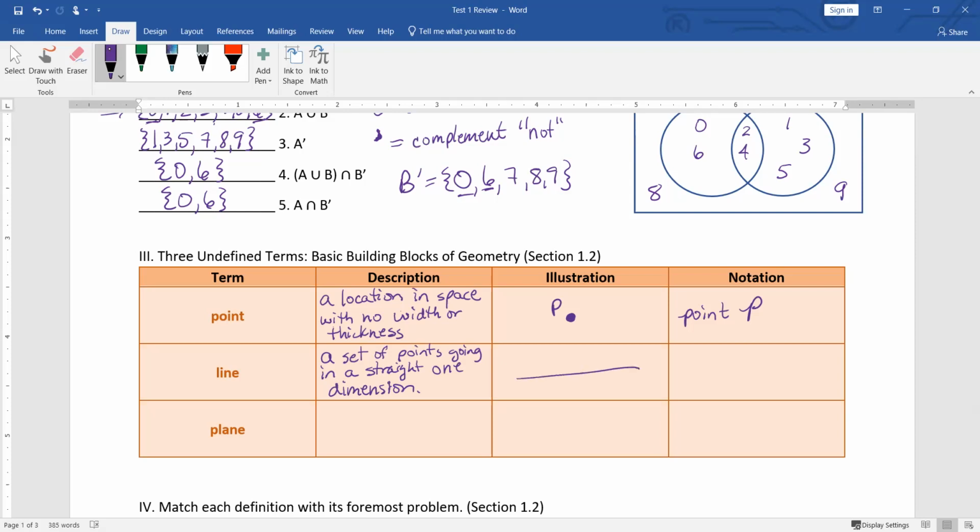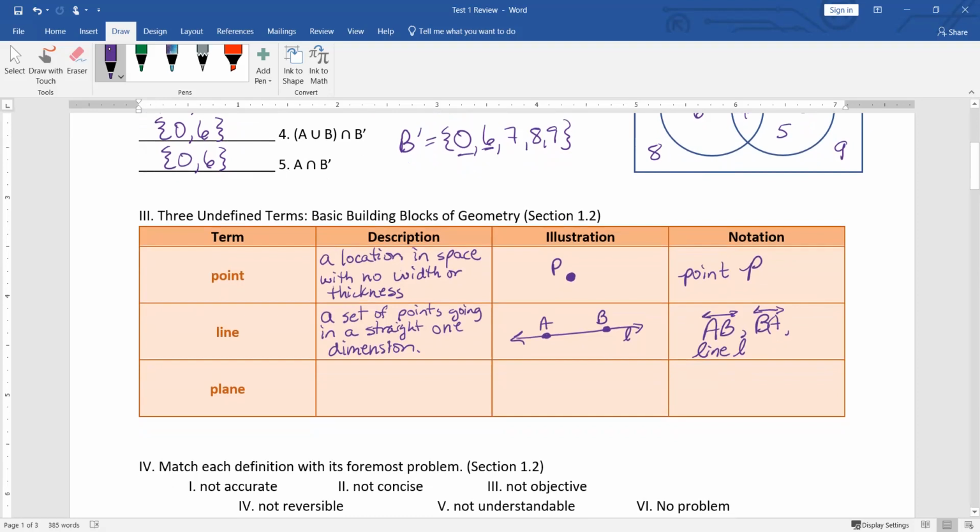I always spell this wrong. So we would mark that. Now we illustrate that by putting the arrows on the end, and I'm going to add 2 points, A and B, so I can illustrate that this is a line. It only goes through 2 points, or at least in this case, and those points have to be collinear. And we notate a line as AB with the line symbol above it. We could also call it BA. You can also name it with a letter. So this could also be line L. You may also see them written that way.